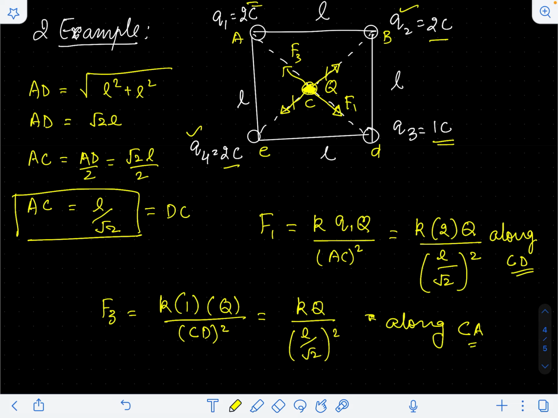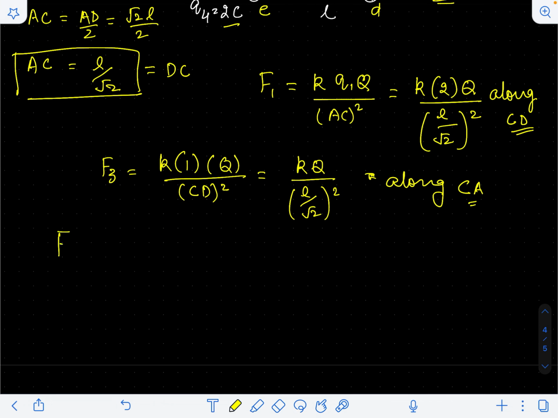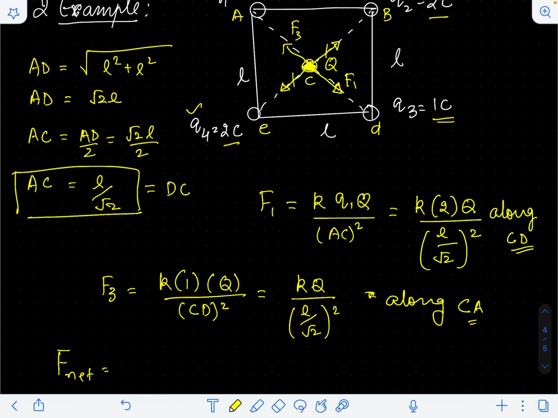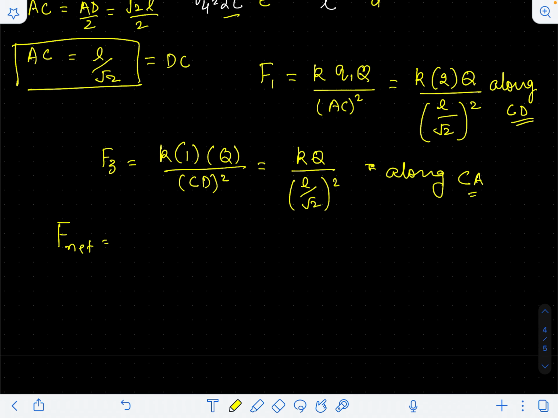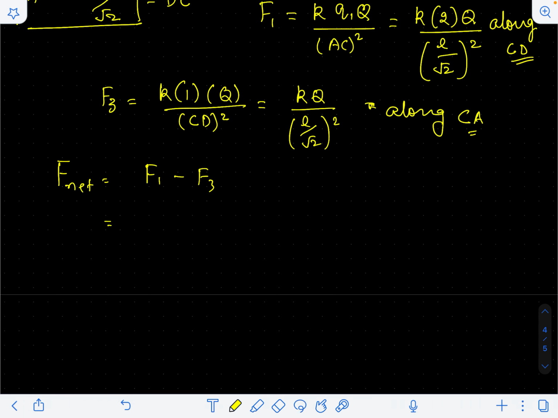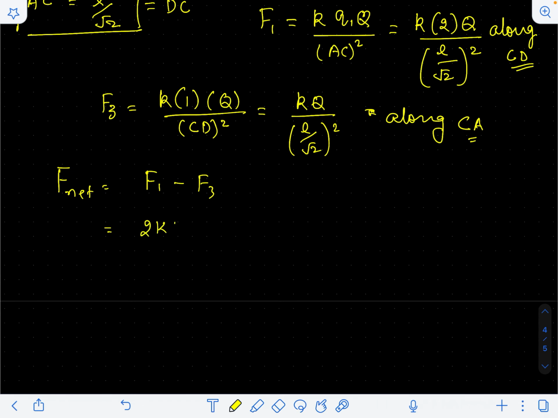So what is the net force on Q? Which has the bigger magnitude? F1 has larger magnitude as compared to F3. So it means that the net force will be F1 minus F3. This is the net force. So F1 is nothing but 2kq divided by L upon root 2 squared, minus kq divided by L upon root 2 squared.